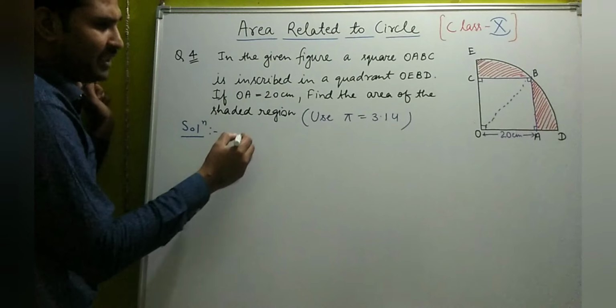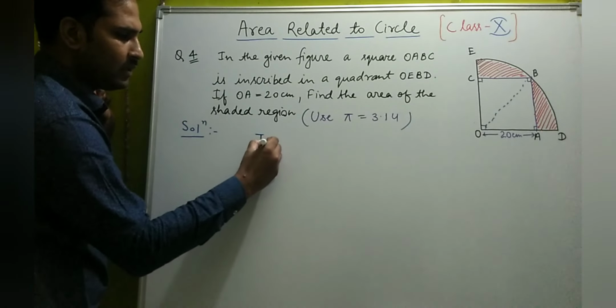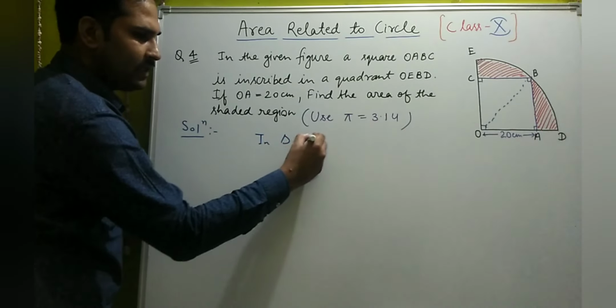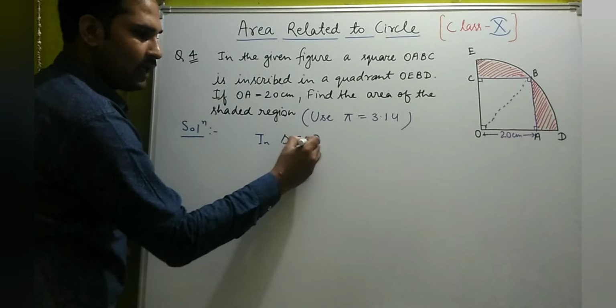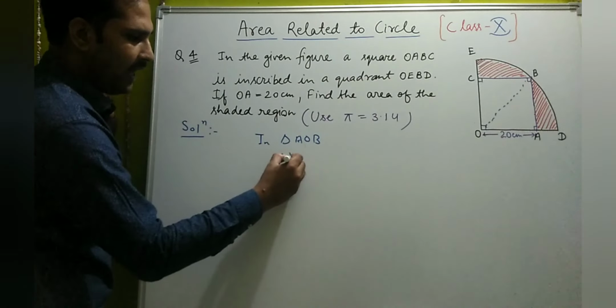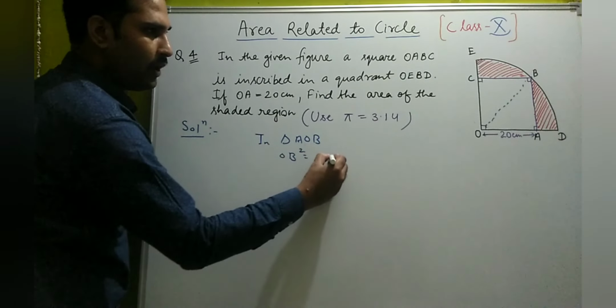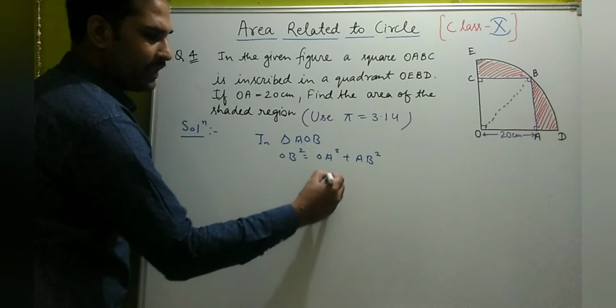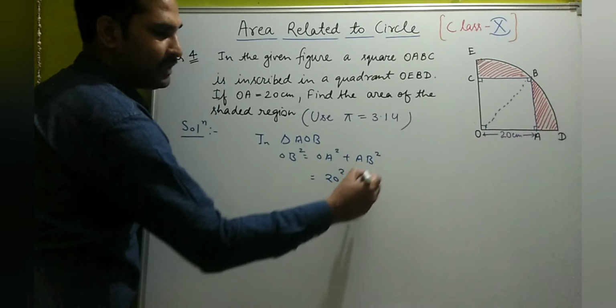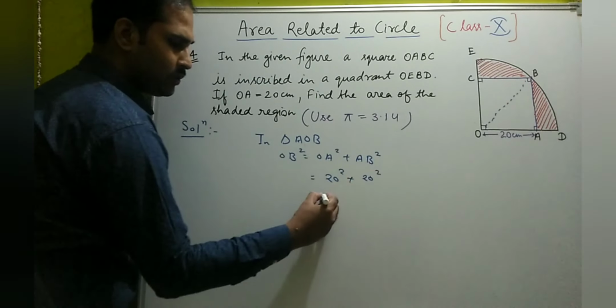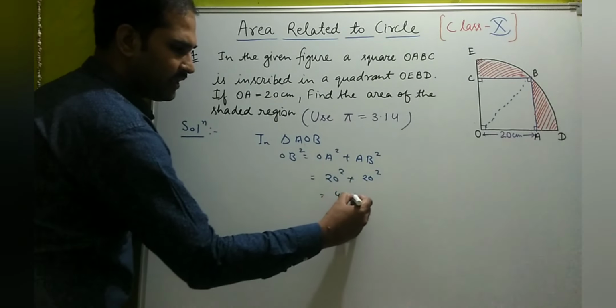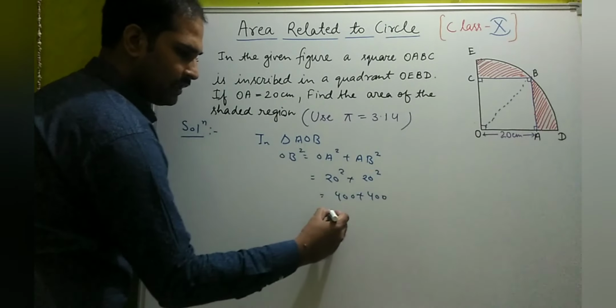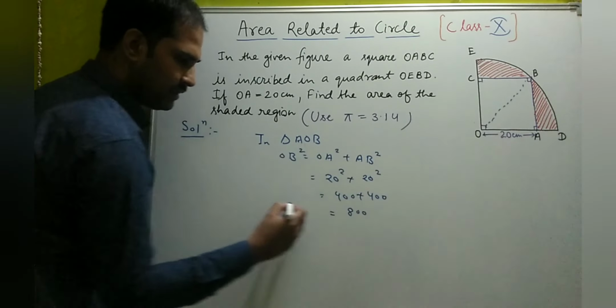Then if we use Pythagoras theorem, in triangle AOB, OB square is equal to OA square plus AB square. So OA is 20 square plus AB is again 20, so 20 square 400 plus 400, that is 800.